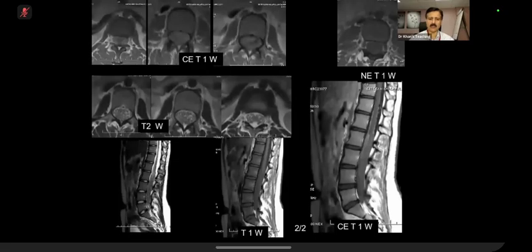But having said that, nobody is asking you to pick that up. You can just go to the differential, as in metastasis. Lymphoma also can occur anywhere. It can be intramedullary, extramedullary, intradural, or extradural also. So this was a case of lymphoma.